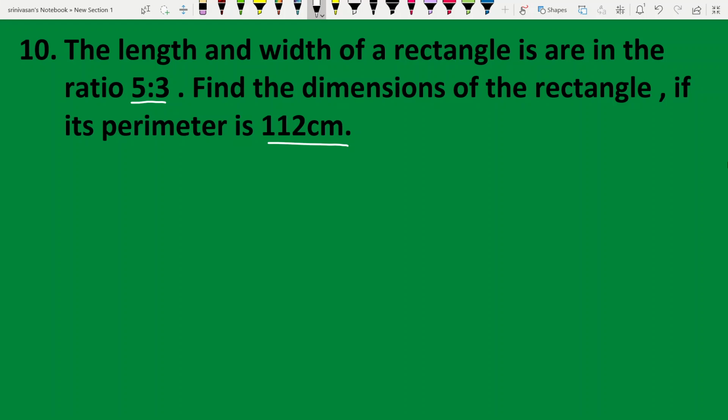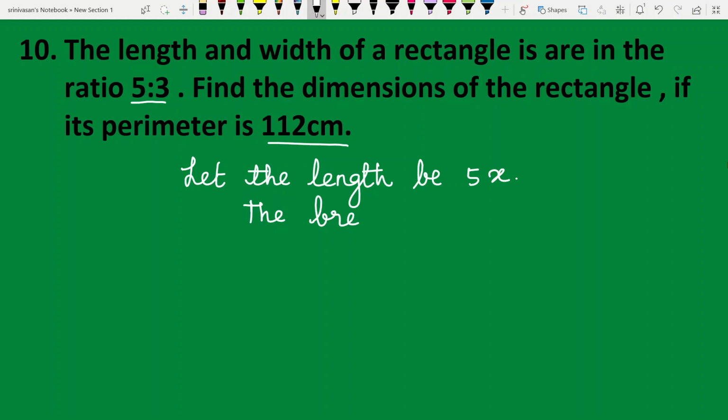First let us take the length and breadth as, let the length be 5x and the breadth be 3x.